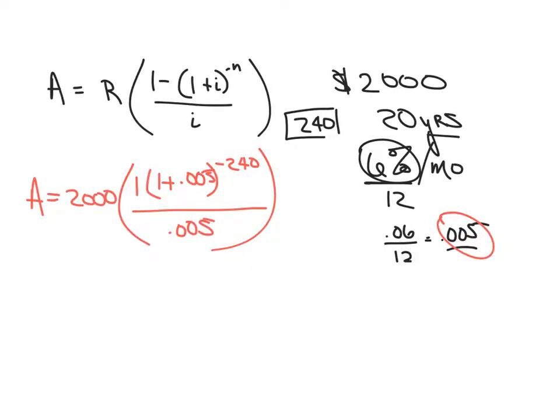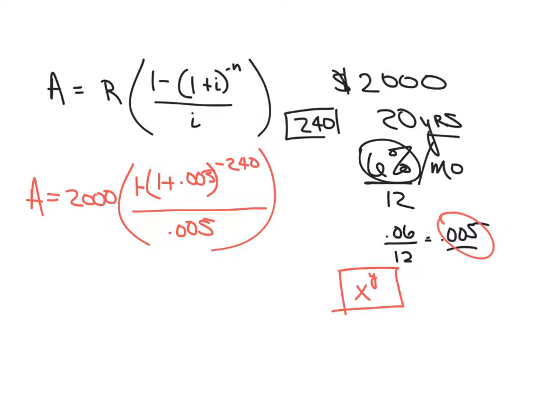Okay? So, how you solve this? 1 plus 0.005, and then again you have that key that looks like this. So you're going to put in 1 plus 0.005. Oops, there's a minus sign right here, I'm sorry.